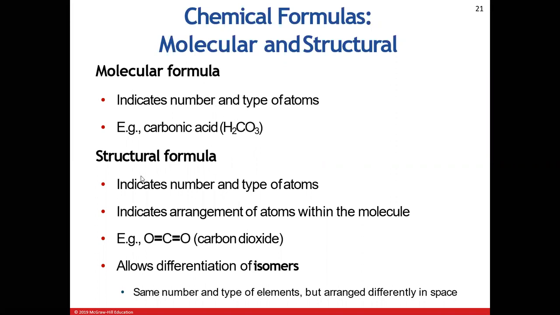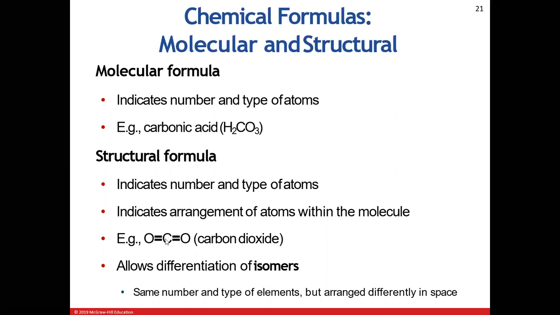Now, our structural formula, on the other hand, indicates the number and the type of atoms. So it's going to be a little bit more of a graphical representation. It also helps us to indicate the arrangement of atoms within the molecule. So if we again look at carbon dioxide, this is CO2.